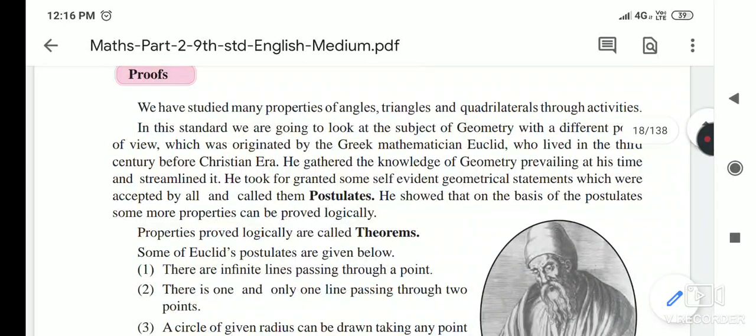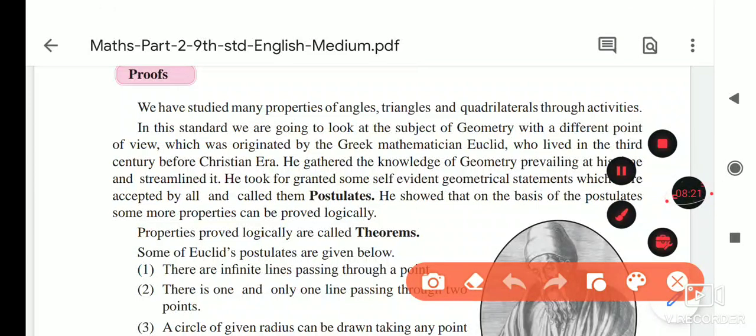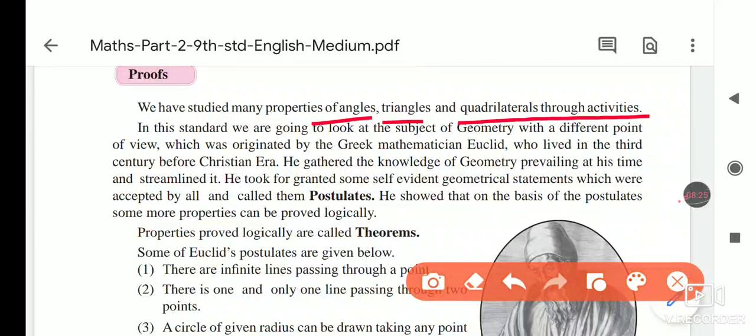We have studied the properties of angles, triangles, quadrilaterals, even through activities. In this standard, we are going to look at the subject of geometry from a different point of view, which was originated by the Greek mathematician Euclid, who lived in the 3rd century before the Christian era.